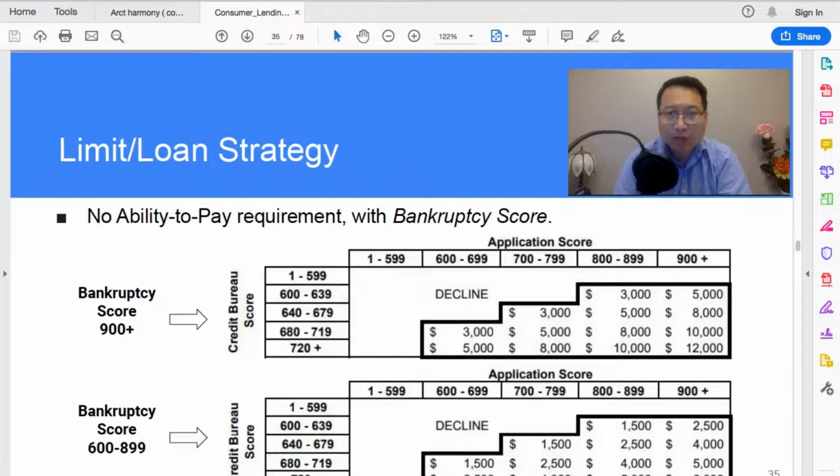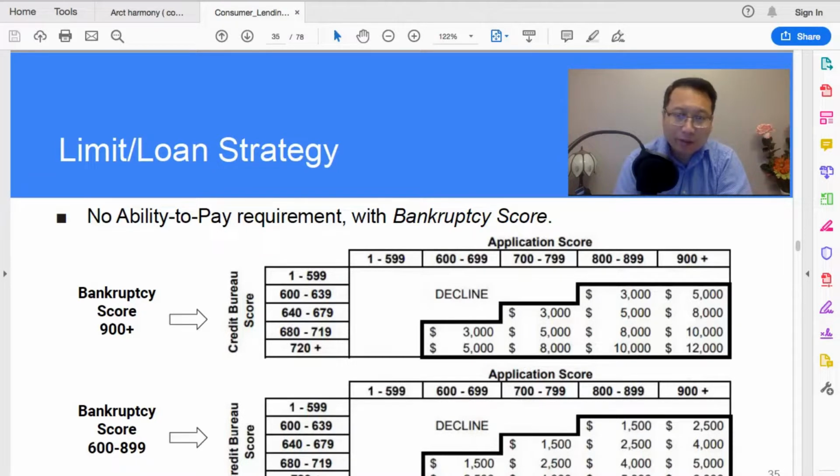So naturally, they are higher risk applications. Okay. And also the Bureau usually provides some measurements on the potential revenue or customer spend, right? You can also use that to adjust the limit assignment.